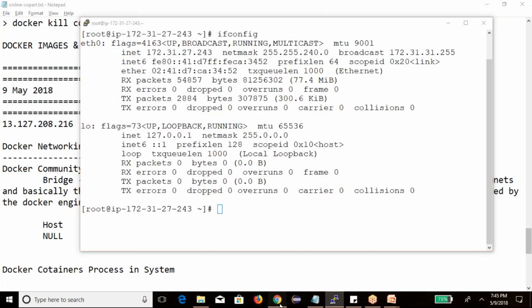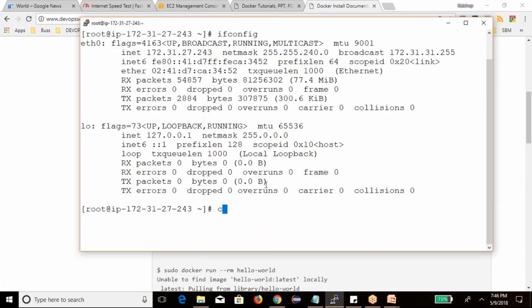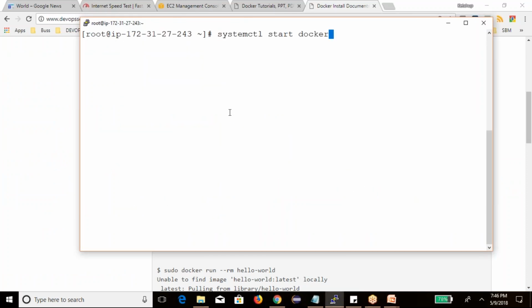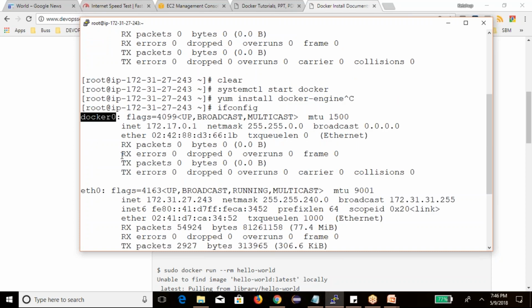Now when I start the Docker service, here I'm starting the Docker service, and now I do the ifconfig one more time. Look at this, the Ethernet interface is still there, but we have got one more bridge.